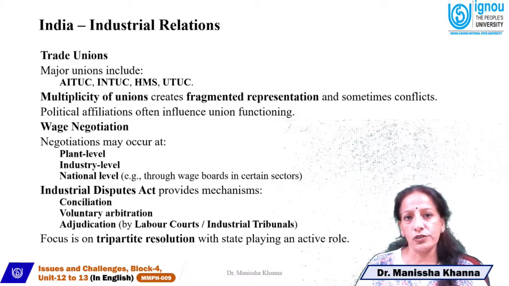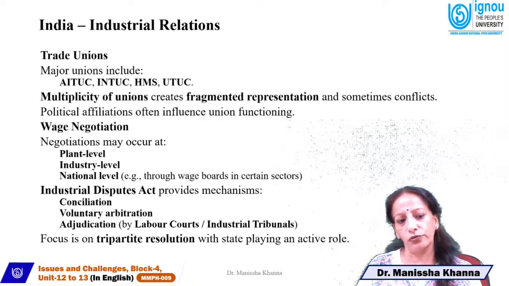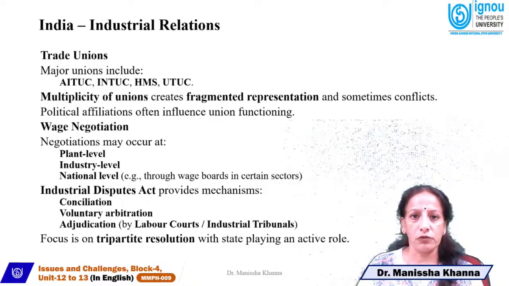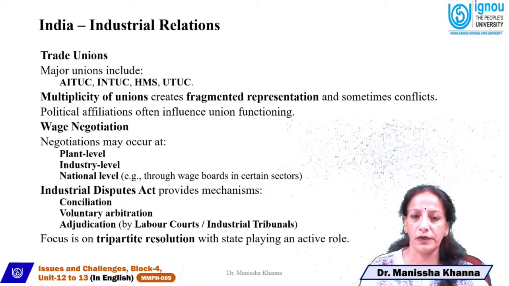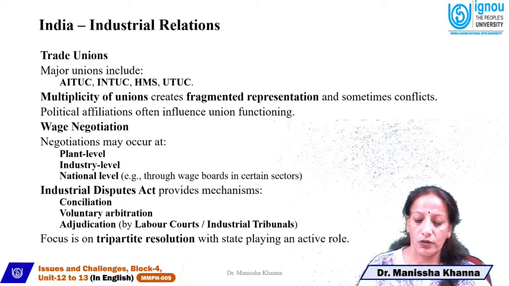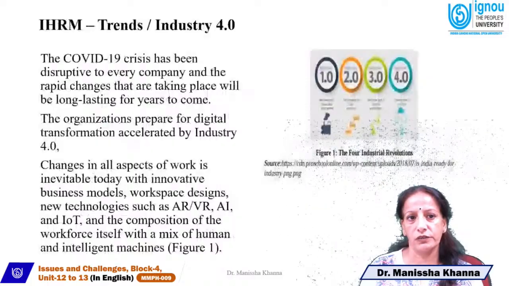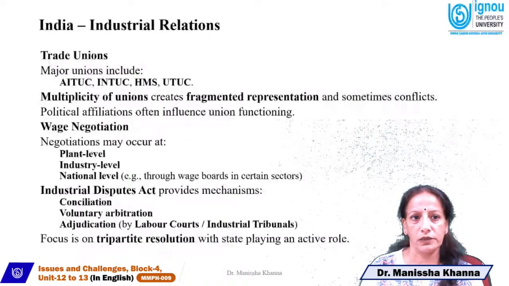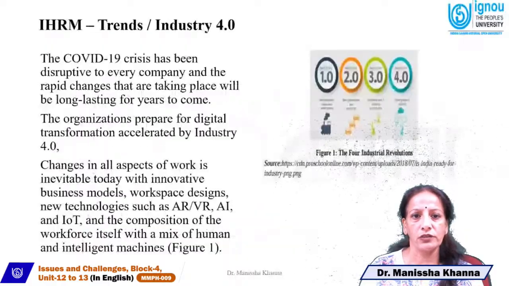So the focus is on tripartite resolution, with the state playing a very important role. So in India, the conflict resolution is tripartite. Overall, we have covered the industrial relations in India, US, Japan, Germany, France, Canada, Austria, and Australia.